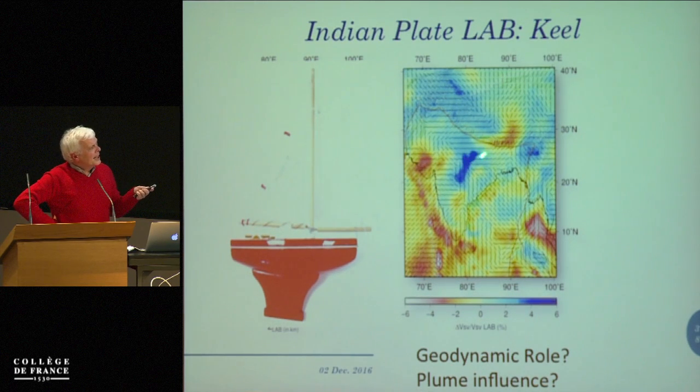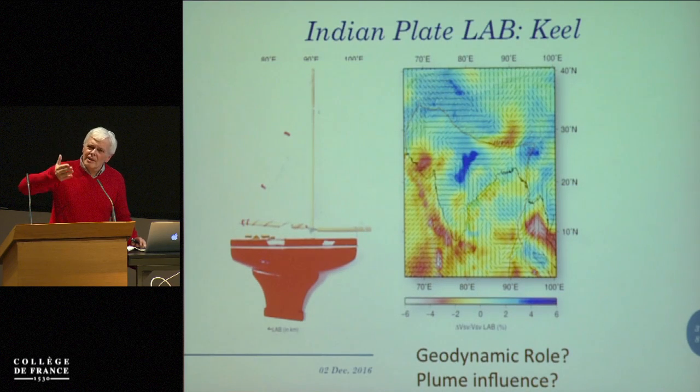So we would like to work on the geodynamic interpretation of this keel and to understand what is its role. And we suspect that it might be due to the interaction between the Reunion plume and the Indian continent 65 million years ago.